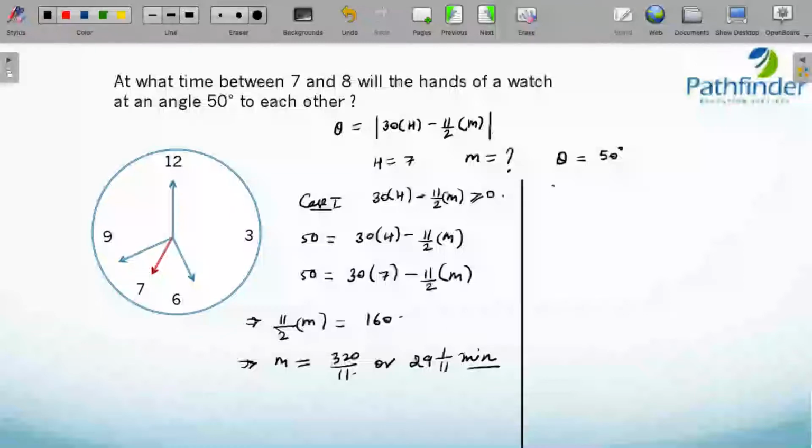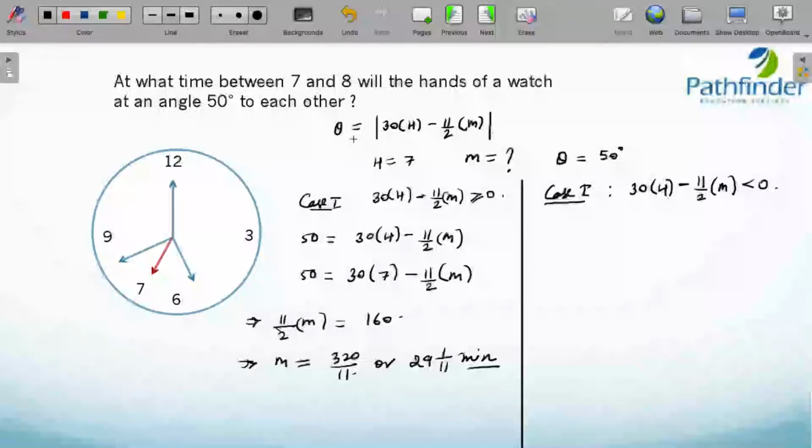In the next case, what we will do is we will take the quantity inside the mod negative. So 30 times h minus 11 by 2 times m is negative, so less than 0.